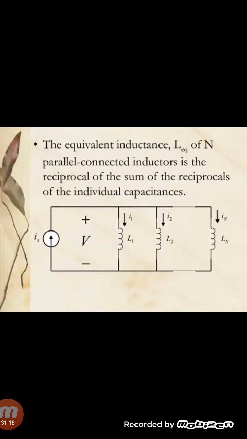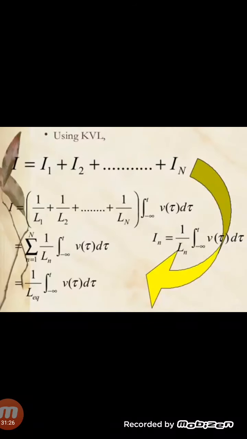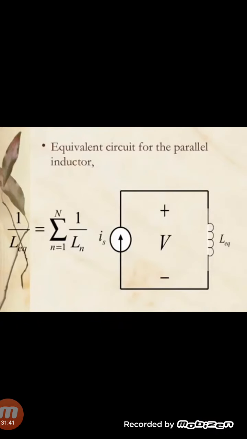Similarly, in series capacitance is the reciprocal combination, and in inductance it is the series-parallel combinations. Apply the Kirchhoff rules for the current: L1, I1, I2, I3 up to so on IN. You can take the integration outside, put the integration this one. So this is the equivalent circuit for the parallel inductors.